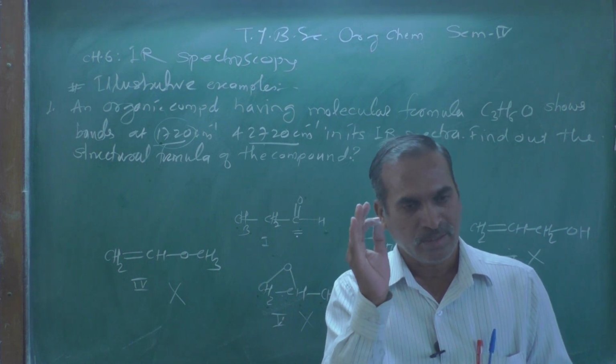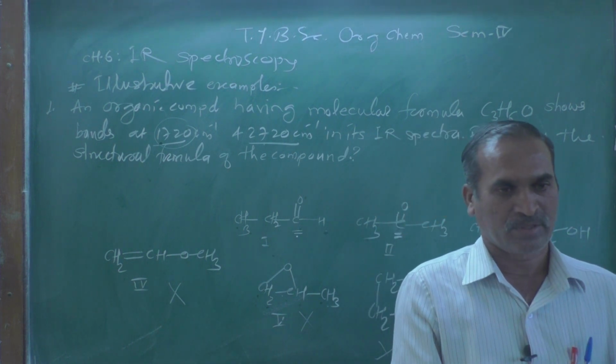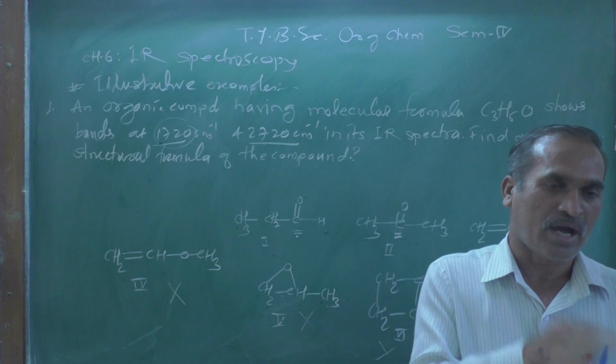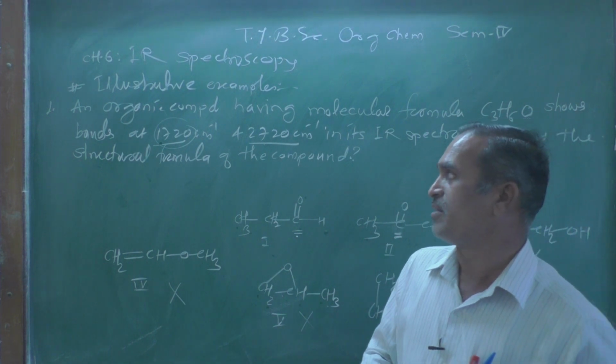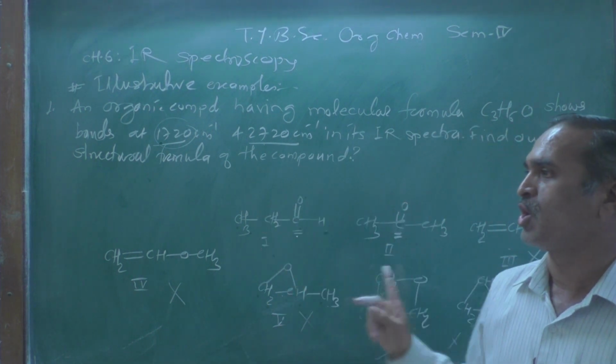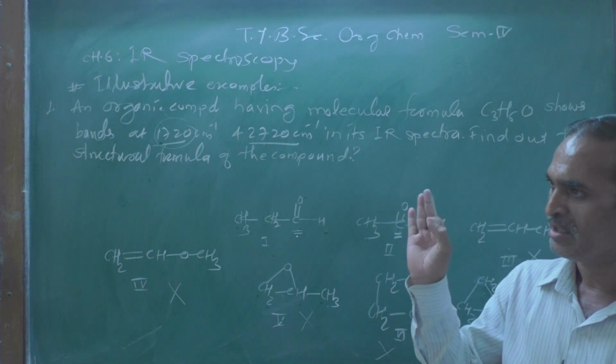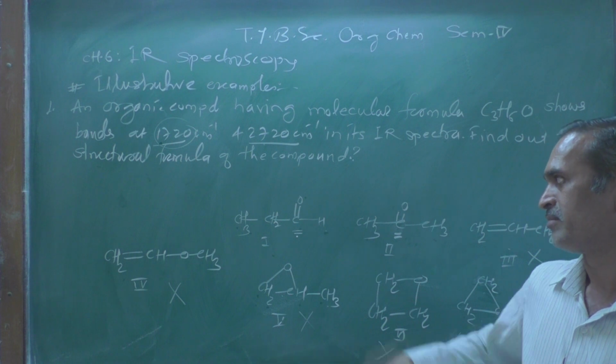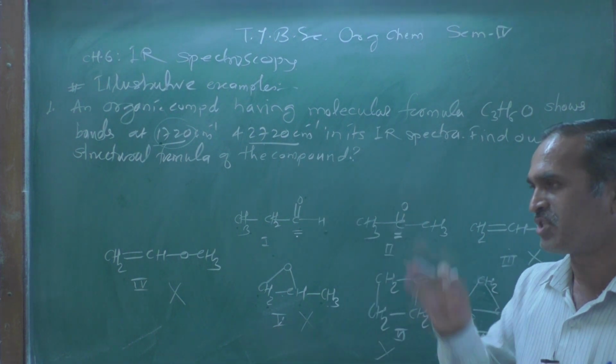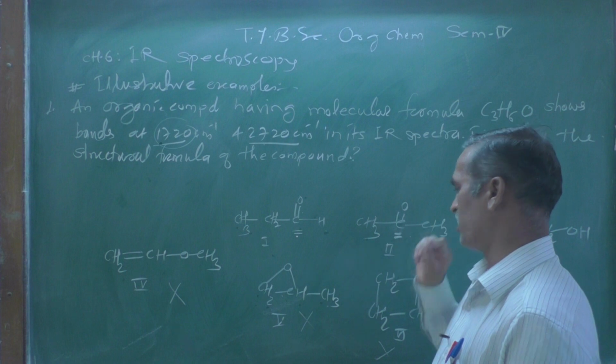It is a characteristic band of IR stretching frequencies, and from that, if you observe all these structures, only 2 structures show that functional group, which is a carbonyl, here and here.